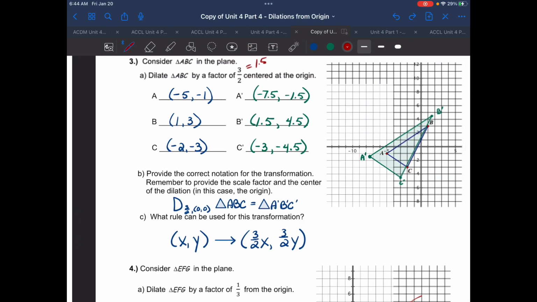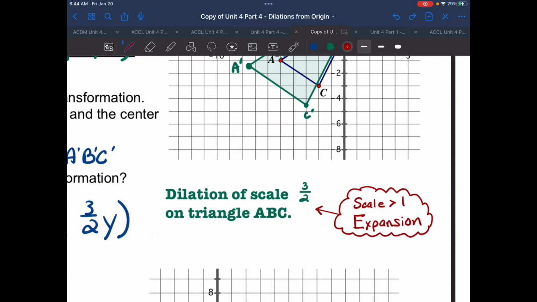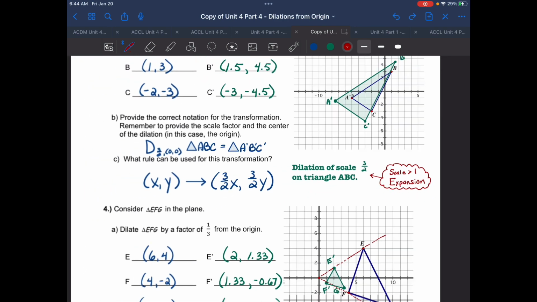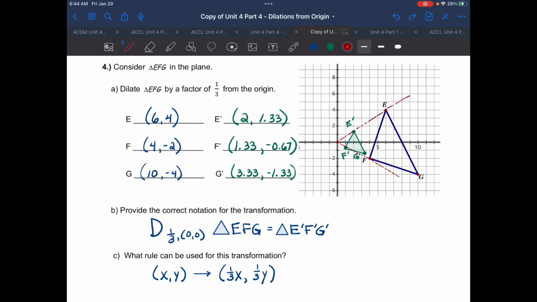All right, now just to reiterate something from before, even though this fraction is more than 1, it's 1.5. Any scale factor that's bigger than 1 will be an expansion. All right, what I'd like you to now do is pause the video and check your solutions for number 4.